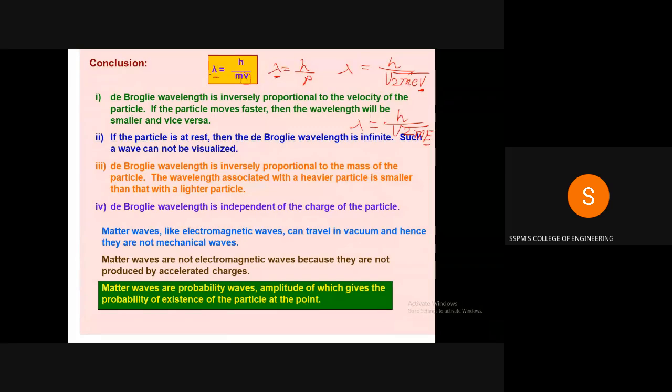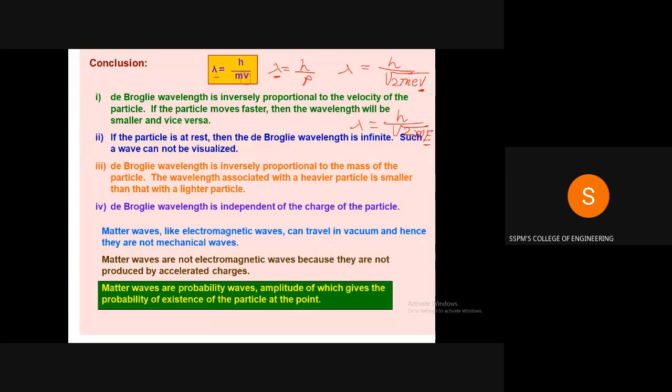Lighter is the particle, higher will be the wavelength. Heavier is the particle in terms of mass, shorter will be the wavelength. Higher is the velocity of the particle, again shorter will be the wavelength of the matter wave. चार कॅरेक्टरिस्टिक आपण इथे डिफाईन केले. ठीक आहे.